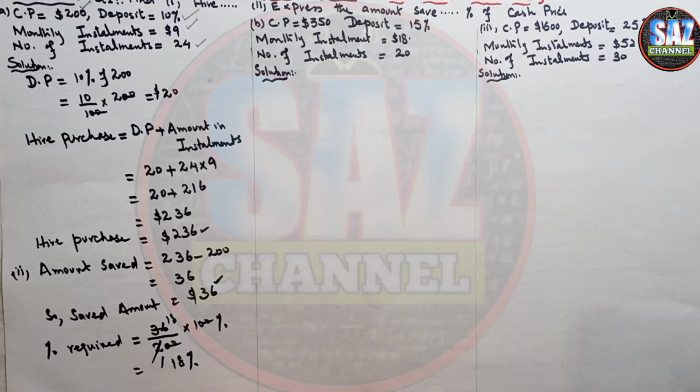It means if I purchase this VCD player at the cash price, instead of the hire purchase conditions, I can save 18%. So the required percentage equals 18%.